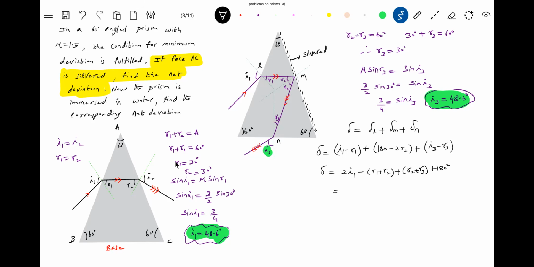So we know R1 plus R2 is 60 degrees, no? R2 plus R3 is also 60 degrees. Negative sign. So solving this, we'll get the deviation: 2I1, I1 is 48, no? So 48.6 degrees.